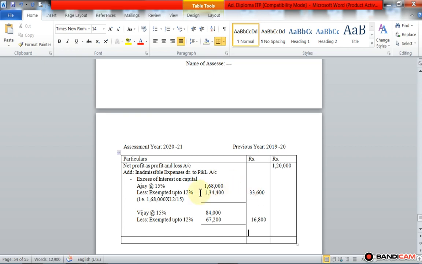Then same for Mr. Sanjay, compute the interest on capital.